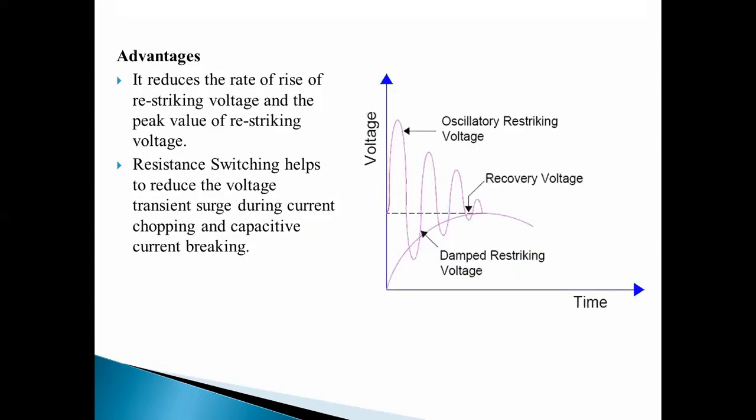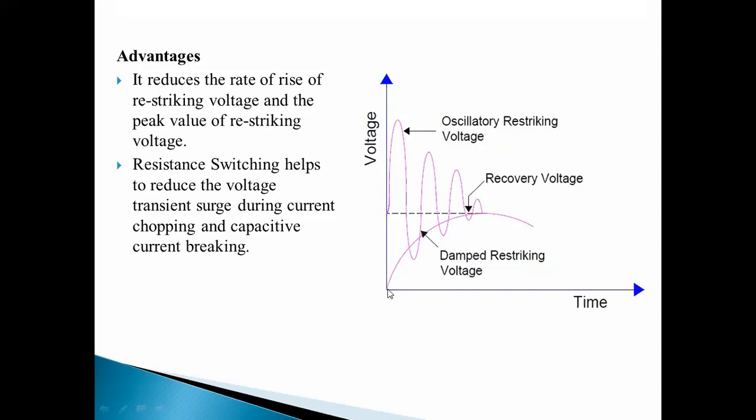Simply here we are connecting one resistance in parallel with the circuit breaker. Okay. Now there are some advantages of this resistance switching. Look, it is given here. So here what is happening? Voltage here, our current is 0, right?